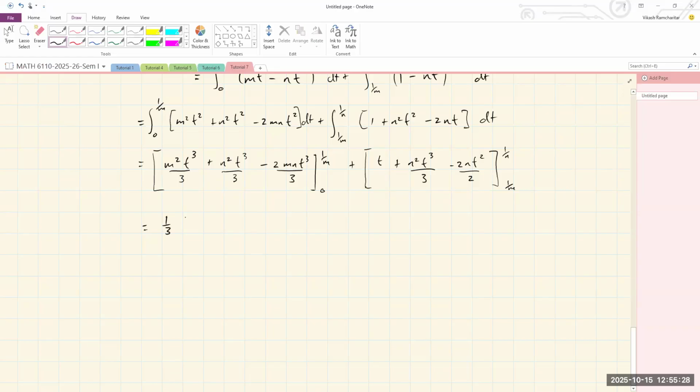So I could write this first bracket, just to make my life easier, as m squared plus n squared minus 2mn, times t cubed over 3, evaluated from 0 to 1 over m. Right? Plus this one will be t plus n squared t cubed over 3 minus, the 2's cancel, nt squared.